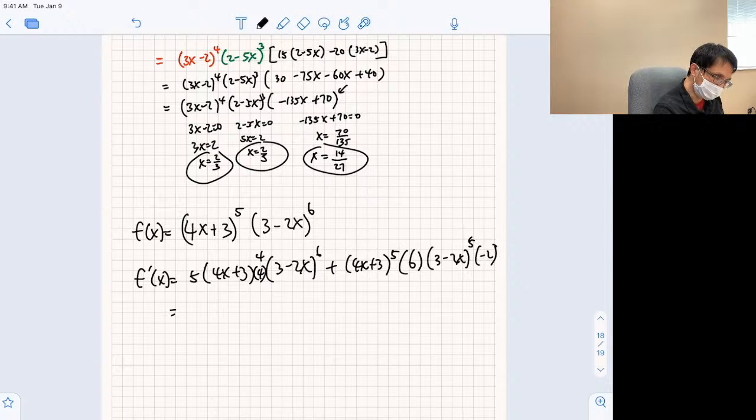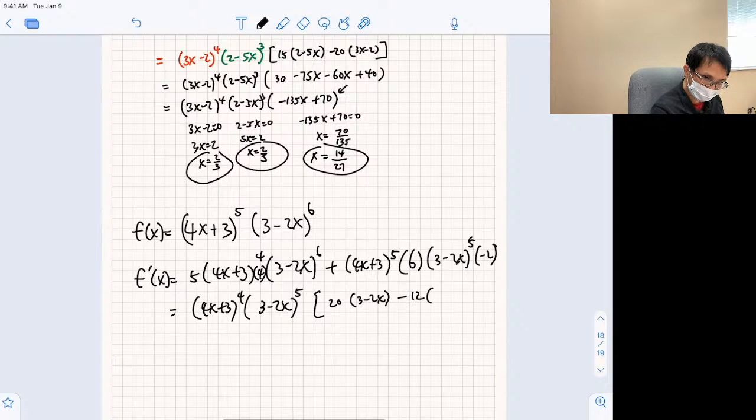So that should be (4x plus 3) to the 4th times (3 minus 2x) to the 5th, and then bracket, so it's 20 times (3 minus 2x) minus 12 actually times (4x plus 3).